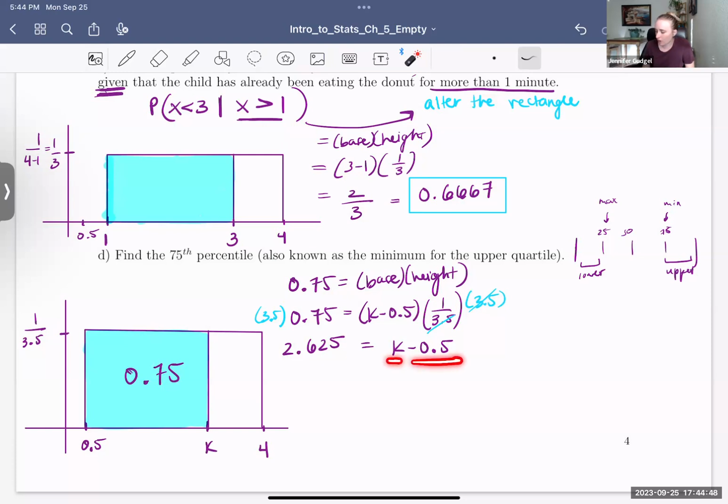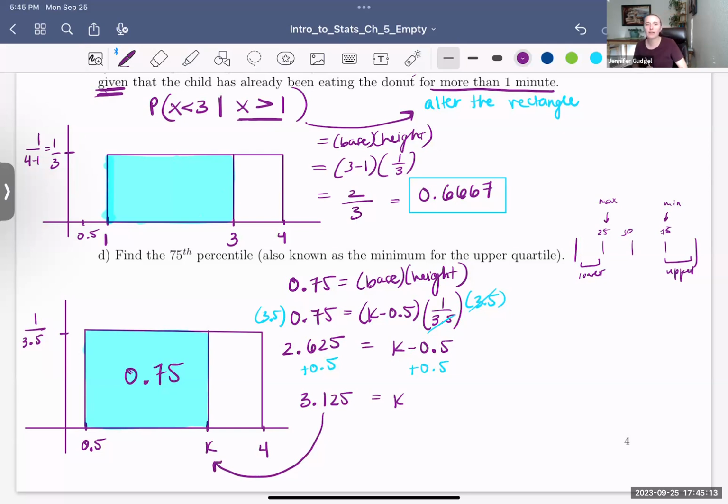K is almost alone, but right now we have minus 0.5. Well, what's the opposite of subtraction? The opposite of subtraction is addition. So I'm going to add 0.5 to both sides, and that will get k fully alone. K is going to equal 2.625 plus 0.5, which is 3.125. That is my k value.